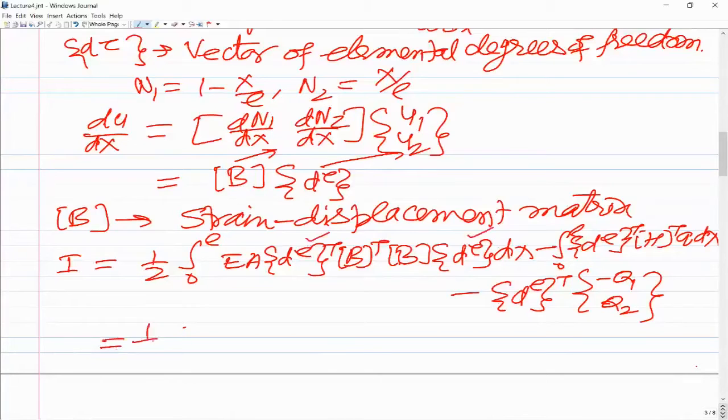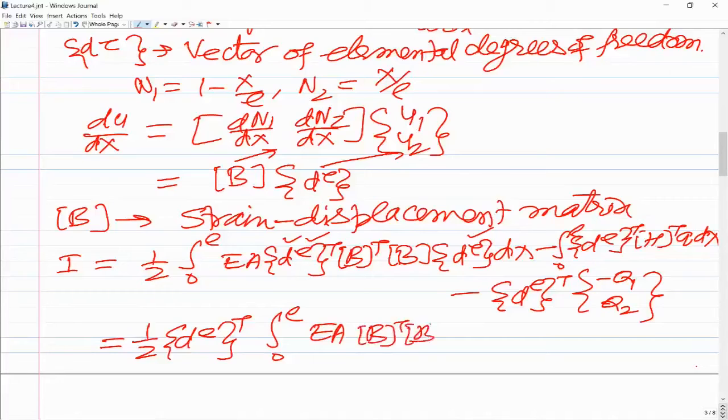So I can write this as half, and then D transpose, which I take on the left side, integration 0 to L of EA, B transpose into B dx, and then into DE. This D I have taken on the right hand side.